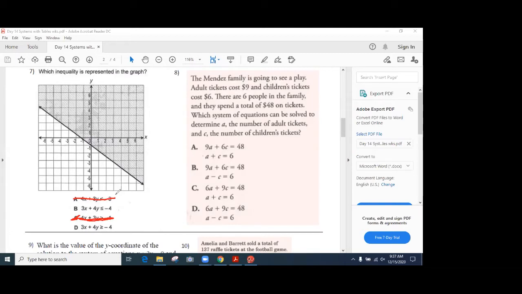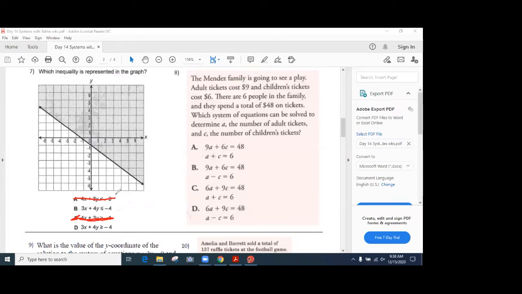Okay. So if you weren't able to eliminate anything, you would have to find points that we can test now. Remember, anytime we have a shaded area, we like to test points. Usually on the STAR test, we only have to test 1 point. And what point do we always test? Y'all remember? 0, 0.